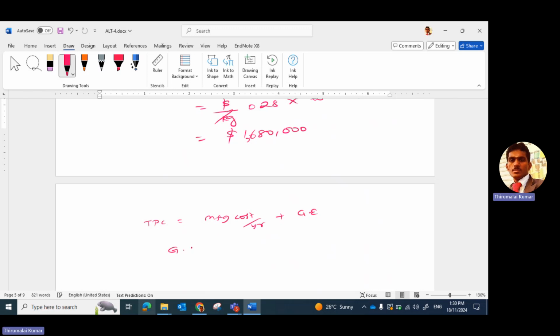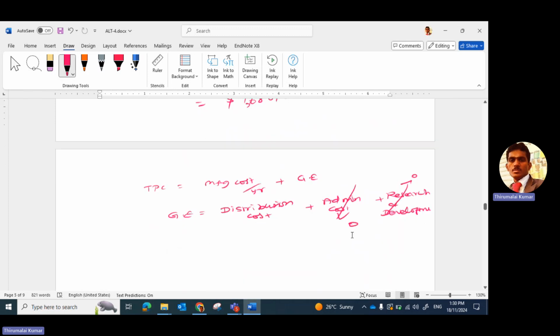Under general expenses, we have three components: one is distribution, the second is admin cost, and the third is research and development. In the above problem, they have not given any admin or research and development, so both will become zero.